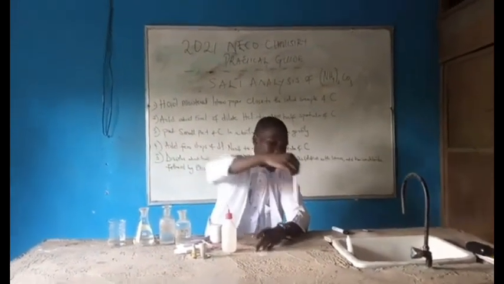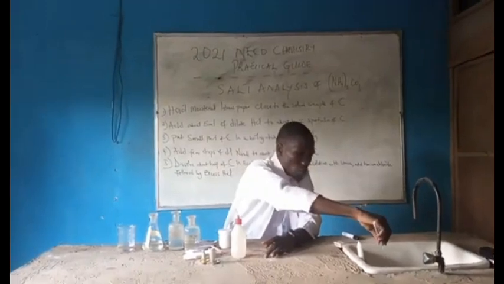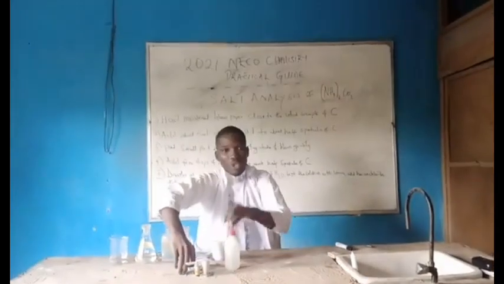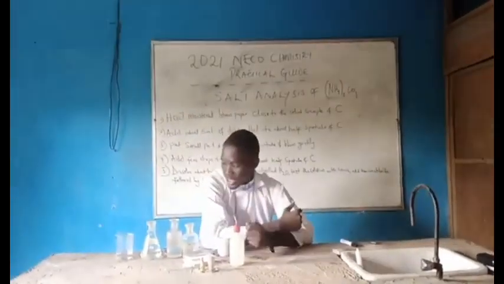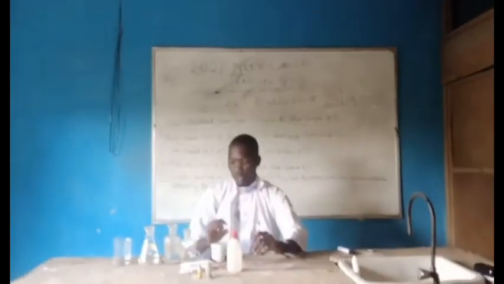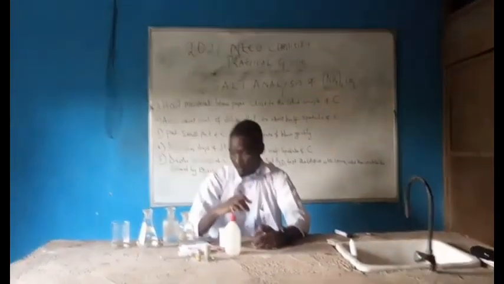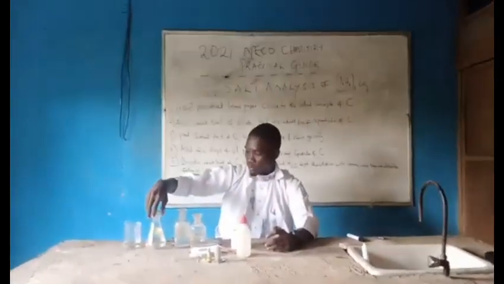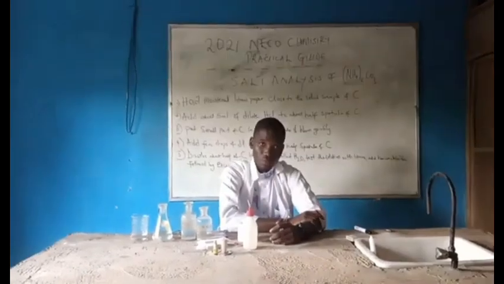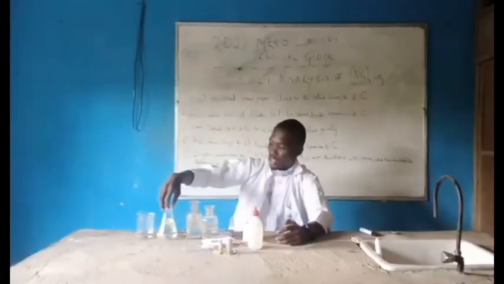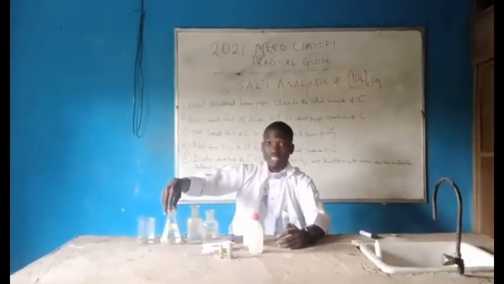So the next thing to do is that we have to pour this out. So I will decide to pick up another test tube. And now, the next thing to test, we are going to use our sample C, which is our baking powder, with sodium hydroxide.